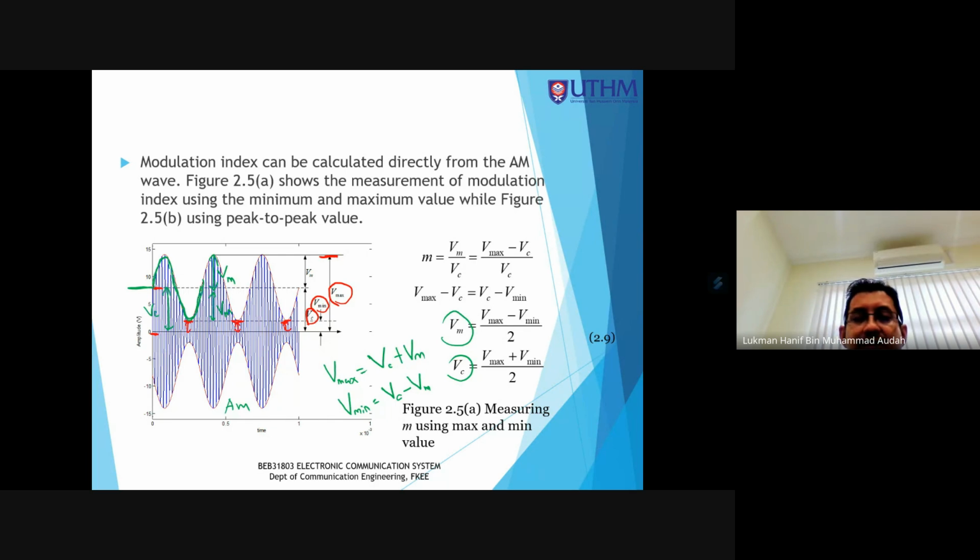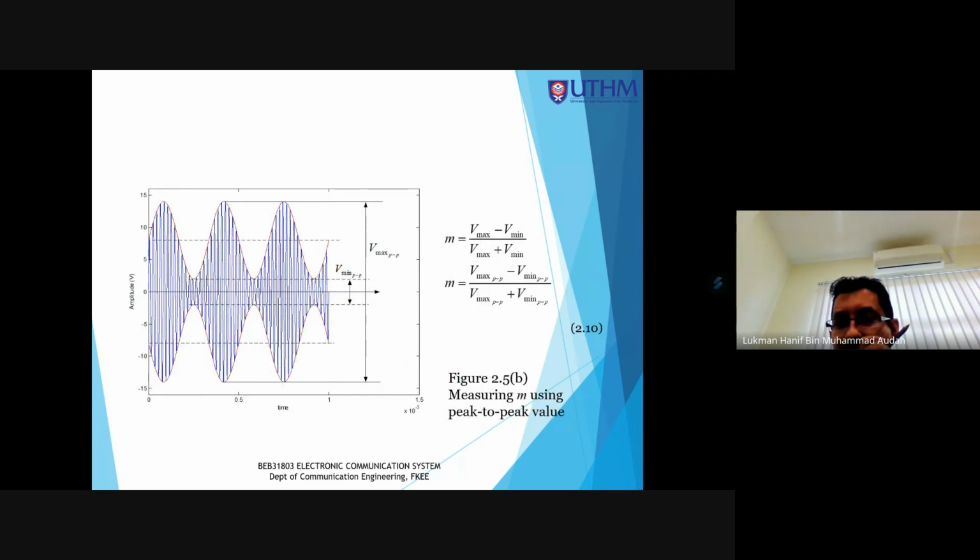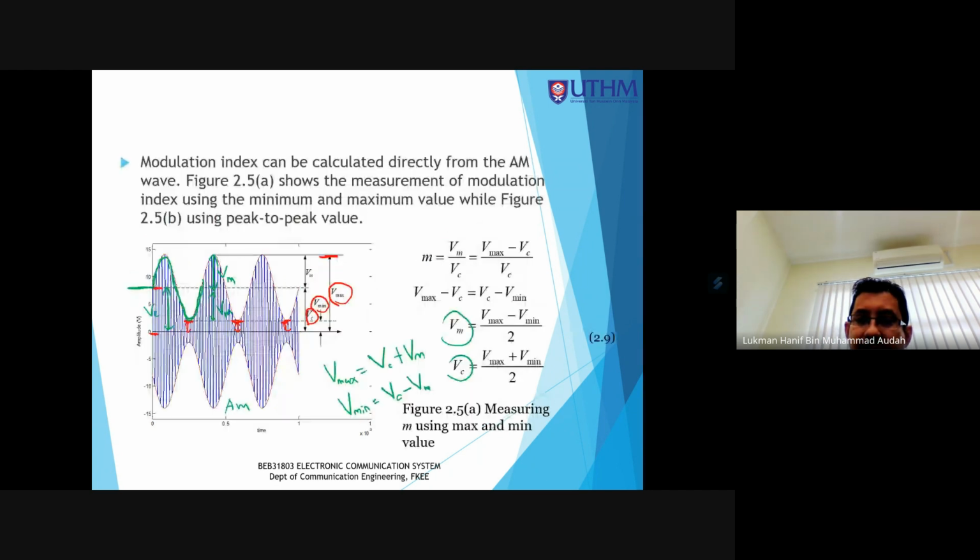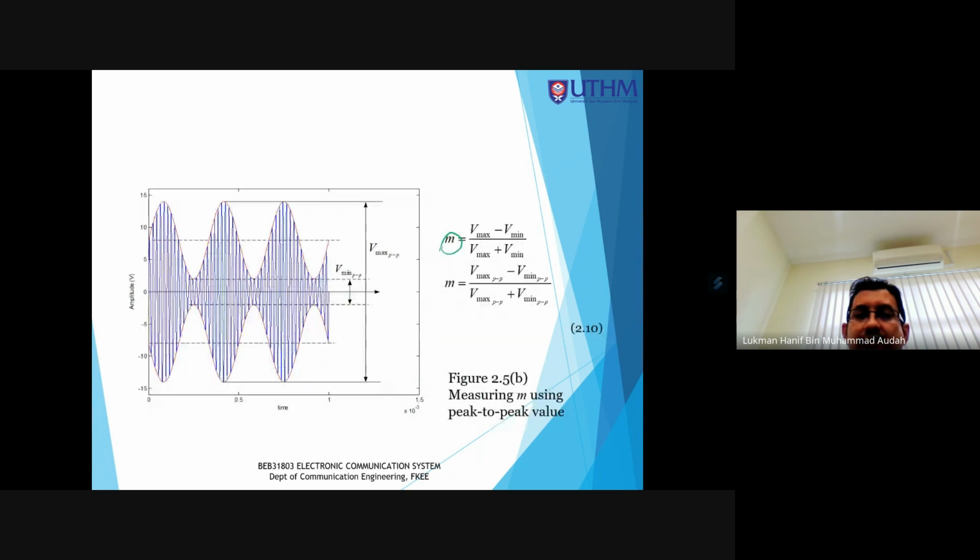So therefore, the modulation index M is equal to Vmax minus Vmin, sorry, which corresponds to Vm, divided by Vmax plus Vmin, which corresponds to the Vc.